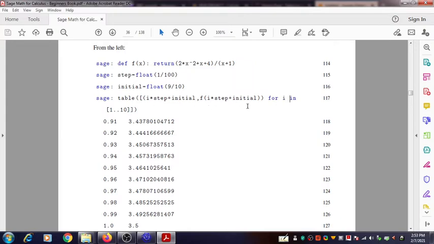For I in range, in this kind of command, I stands as an integer variable. Here I is an integer variable, and that variable then takes values from 1 to 10. From this range it takes the value.